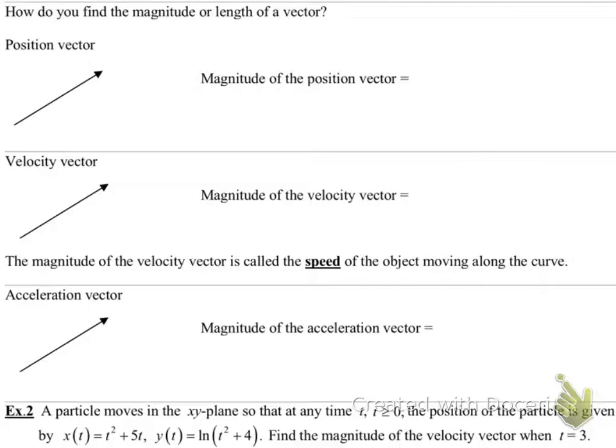So we get on to the velocity vector, same idea, but we're just going to be looking at x prime of t and y prime of t.